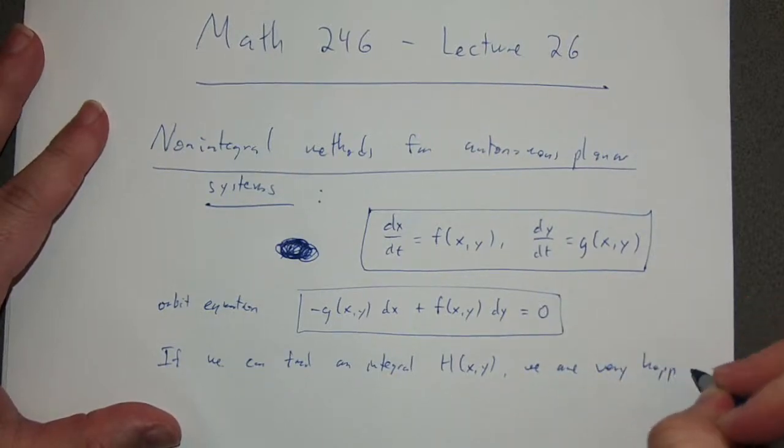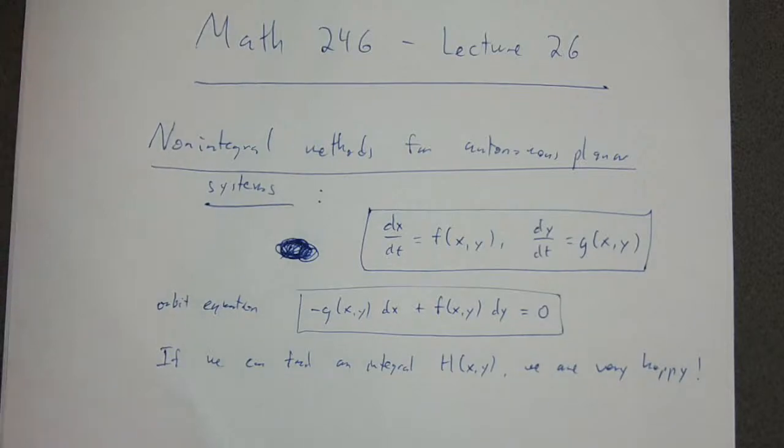Because, as in the previous example, we're done in the sense that we have basically solved this thing, in the sense that we can generate a plot that has all of those trajectories, right? Those trace out what the solutions of the thing look like.